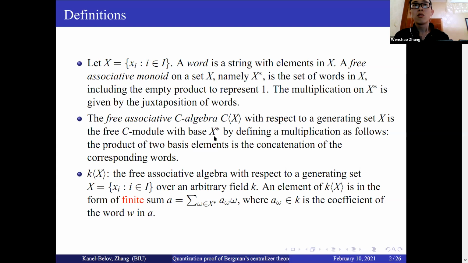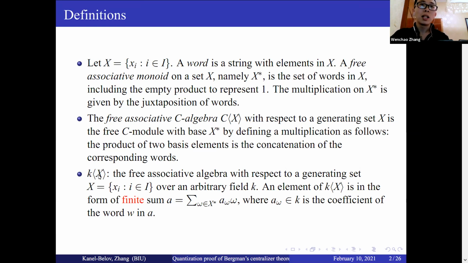So for the associative algebra, we do not have commutativity, we just have the associative product, like the concatenation. And we consider the free associative algebra.